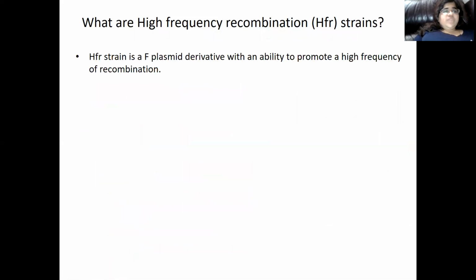Okay, so what are high frequency recombination HFR strains? So HFR strains are actually a derivative of these F plasmids. And this specific derivative has the ability to promote high frequency of recombination.